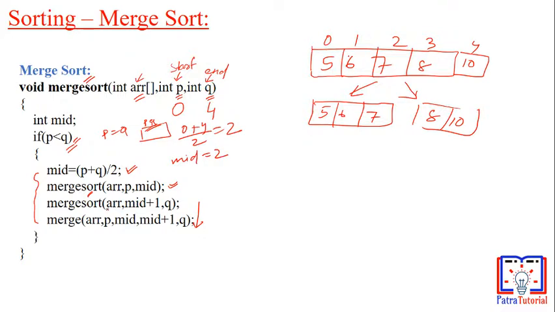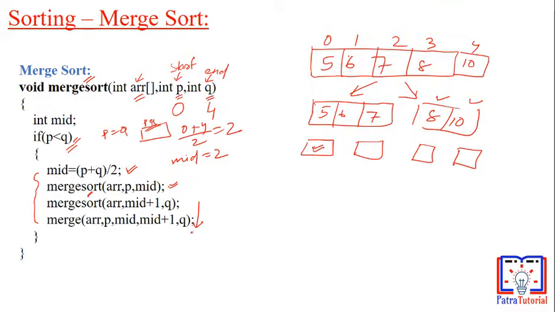See, again I am performing the same thing, merge sort array of p to mid and mid plus 1 to q. Mid plus 1 is this one and q is the last index. Same thing again I'll be doing. That means I'll be dividing this array into two parts again. Like this I'll keep dividing this array until I get a sublist with a single element.